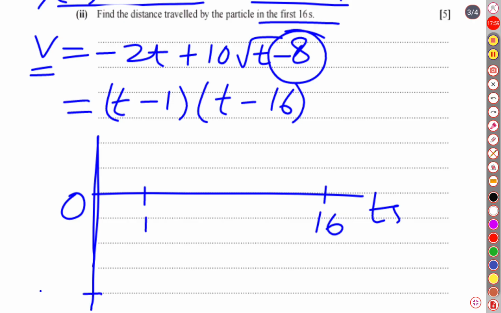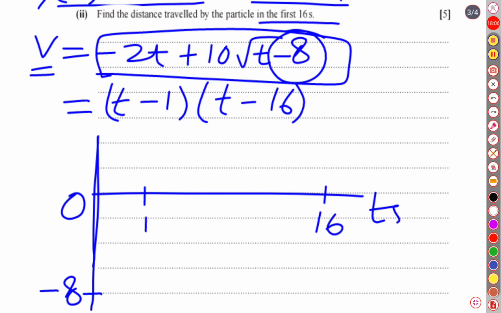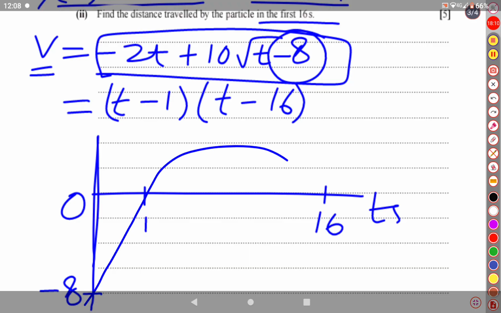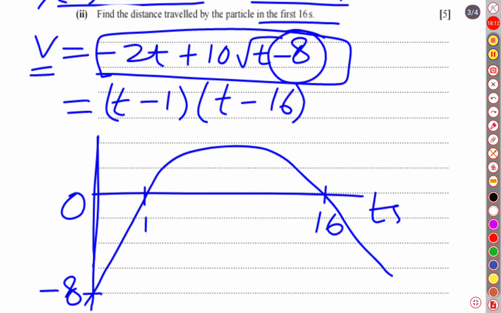As this is a negative function, the graph will look like this. From here it will come this way. So what is the problem we will face if we directly find the integration or the distance? Look, this portion of the graph, let me change the ink.